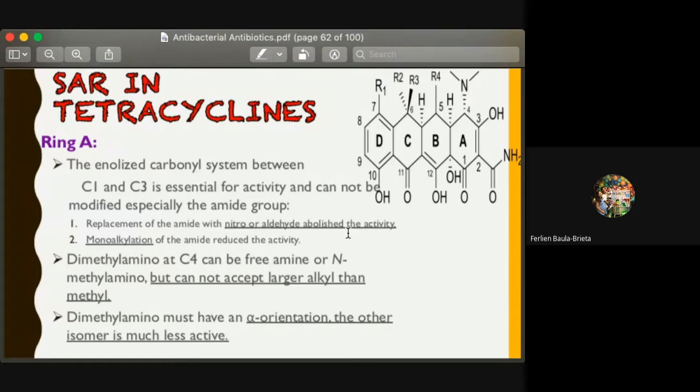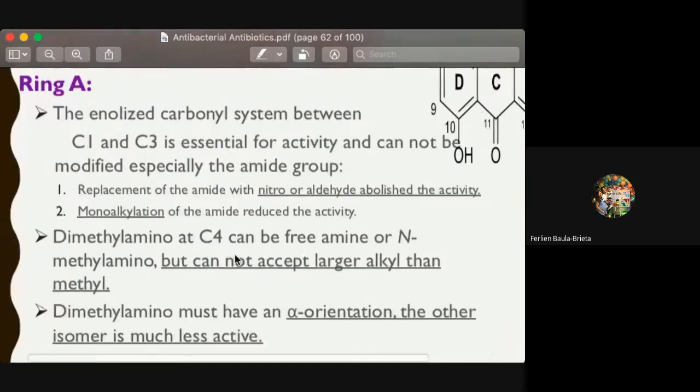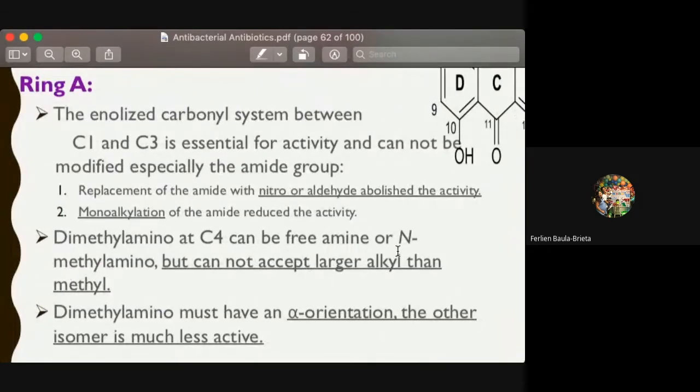Now in C4, dimethylamino at C4, this one here, this is methyl, itong parang horn dito that represents a methyl. So dimethylamino in C4 can be free or it can allow further N-methylamino, but you should not put larger than methyl in that part because again it will diminish activity.